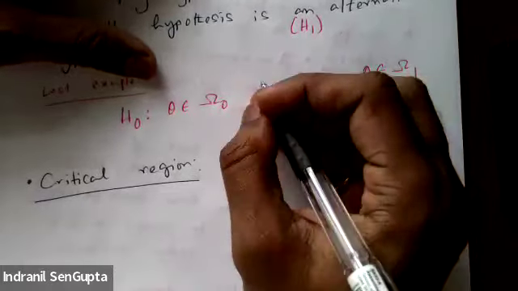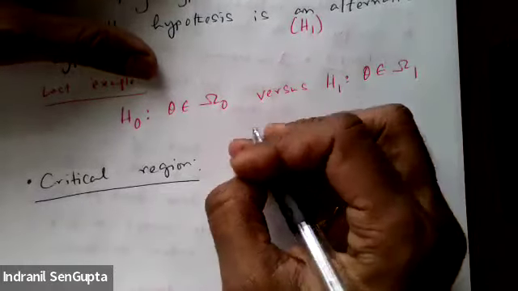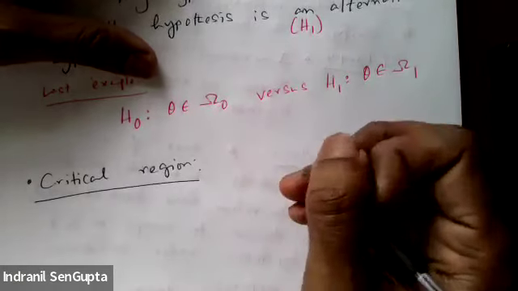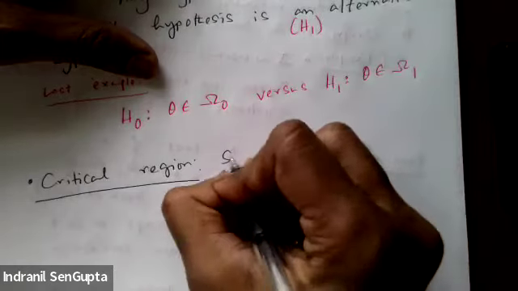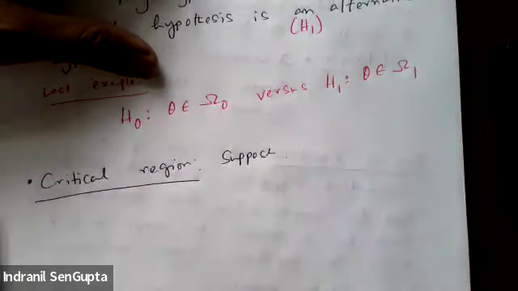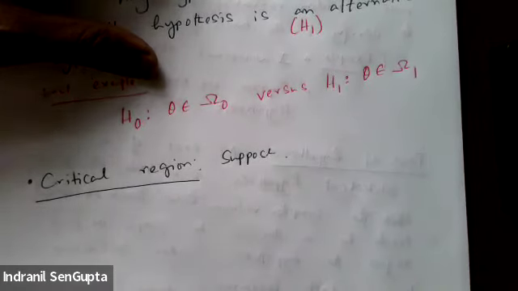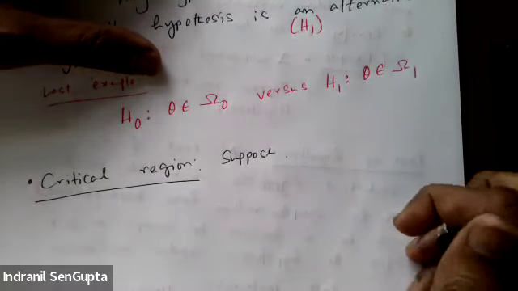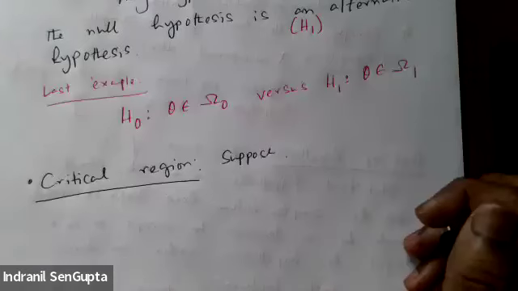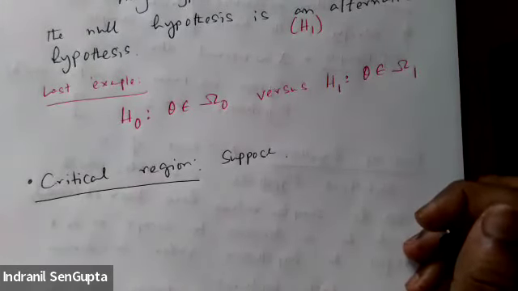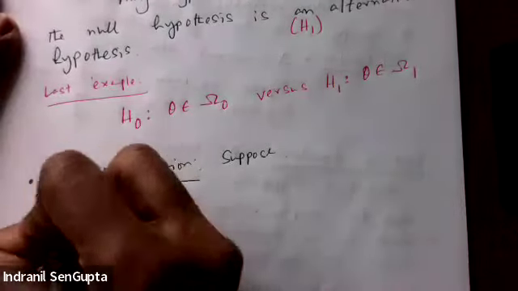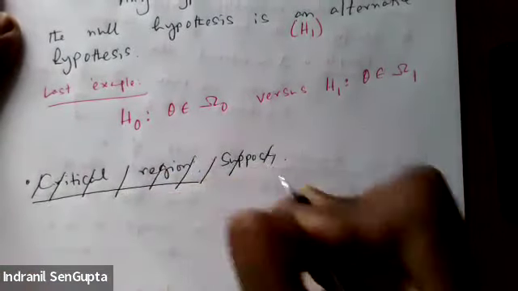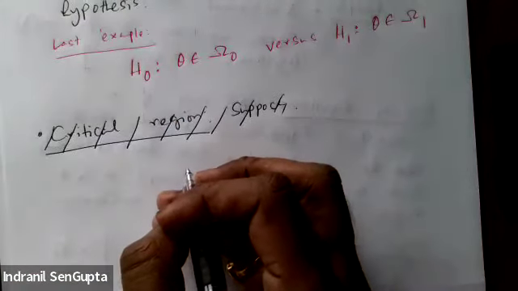How do you define the critical region? Before critical region, let me just define something called sample space.